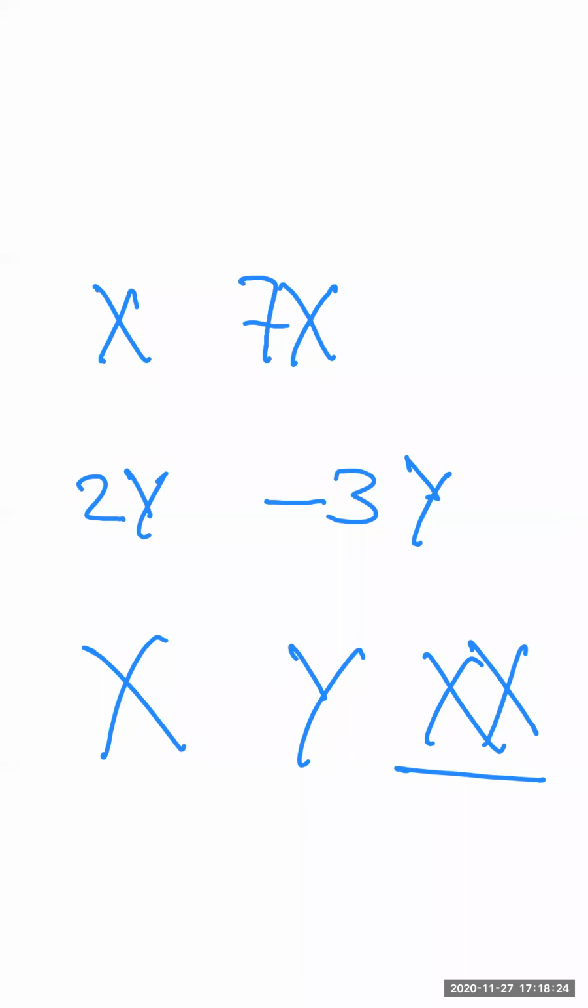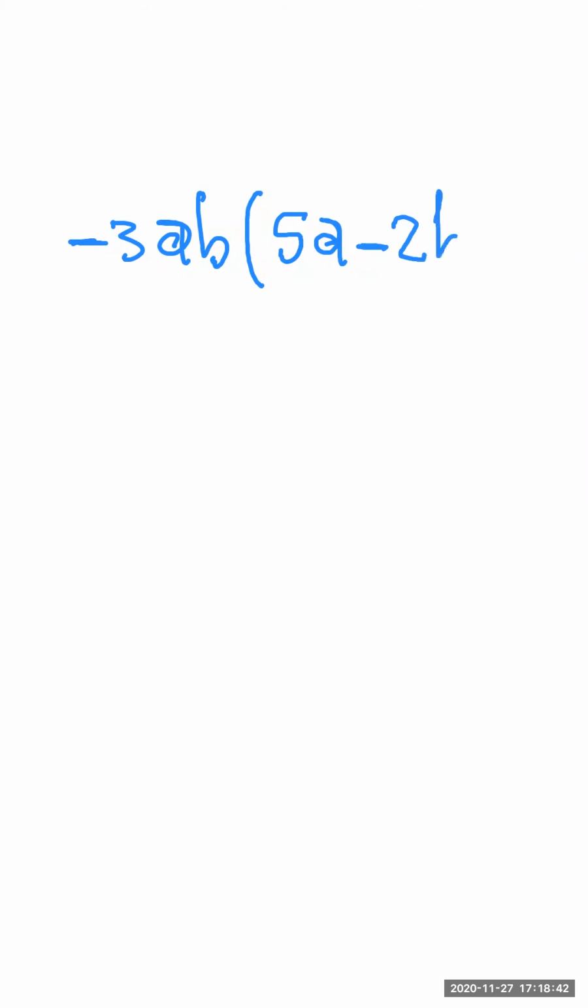Can you write another example because I don't understand? Yes, again, one more example, sure. Negative 3ab times 5a minus 2b plus 3.